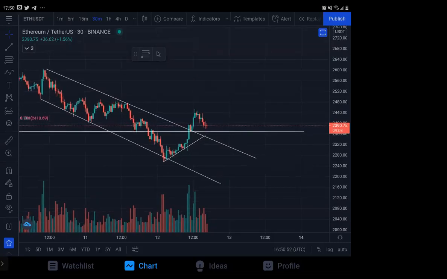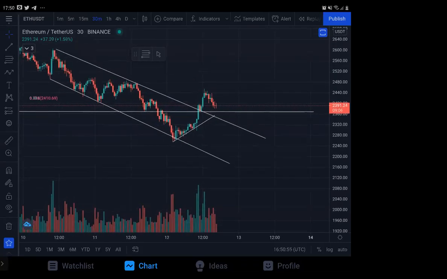Another thing I want to give a hint about is indicators. Indicators are lagging, but oftentimes if you can combine indicators properly, you will have a very good chance.